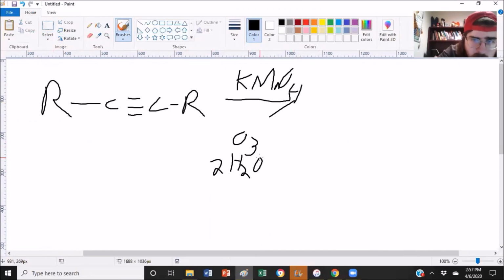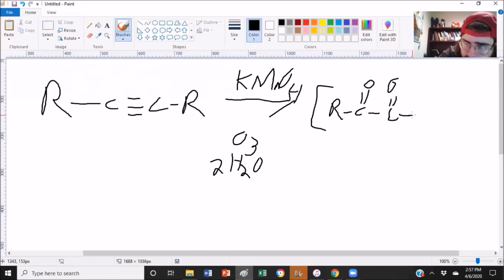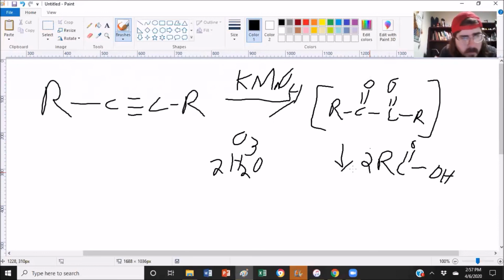Essentially, you oxidize these guys to a very unstable diketone, and then you keep oxidizing and cleave this. Goes to our dicarboxylic acids. Obviously, if the functional groups are different on both sides of the alkyne, we get two different carboxylic acids.